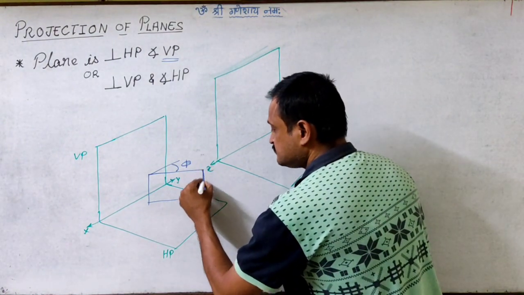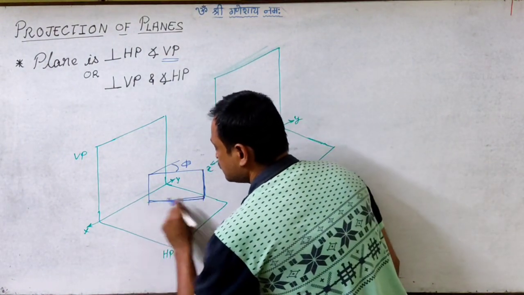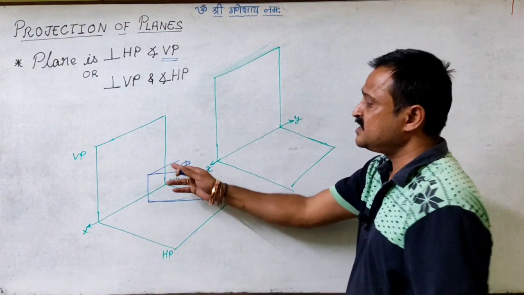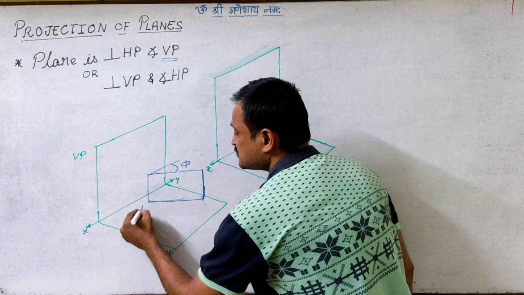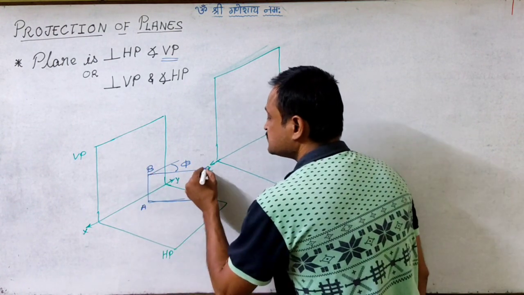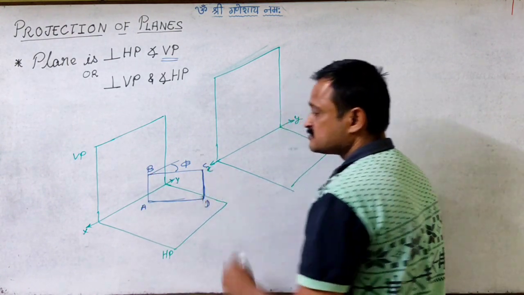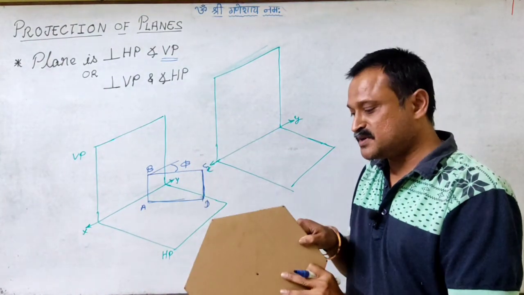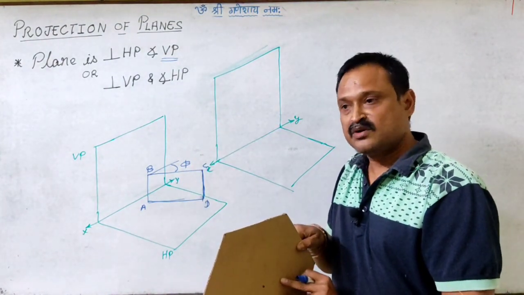So this plate or the plane is perpendicular to HP, and let us name this as A, B, C and D. So it is perpendicular to HP and it is inclined to VP.